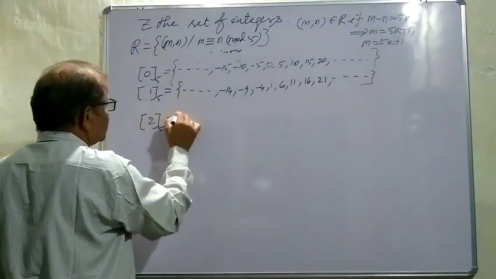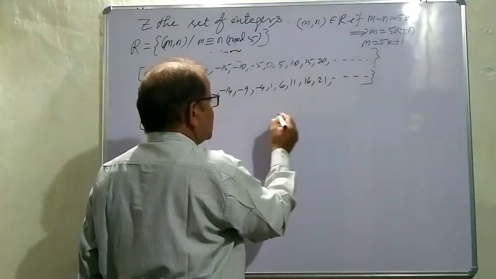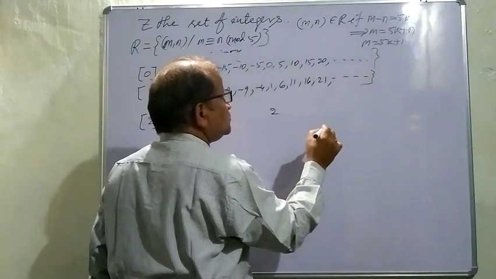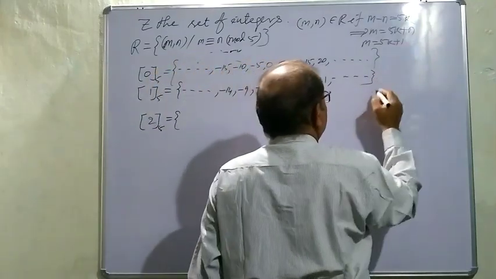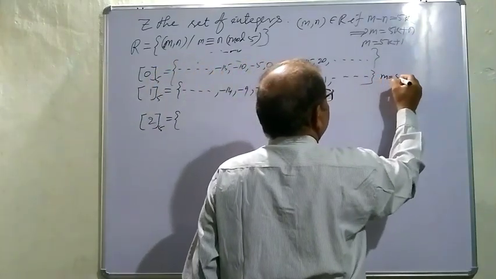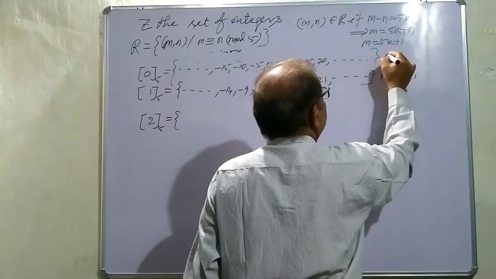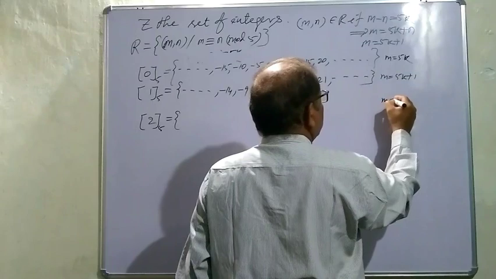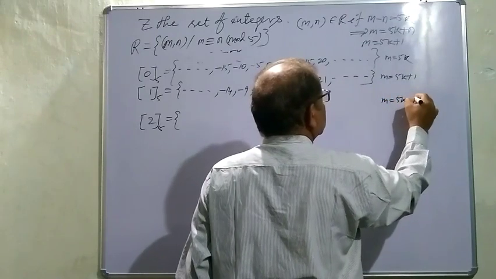Similarly, the equivalence class of 2. 2 must be there. Here m is equal to 5k plus 2.